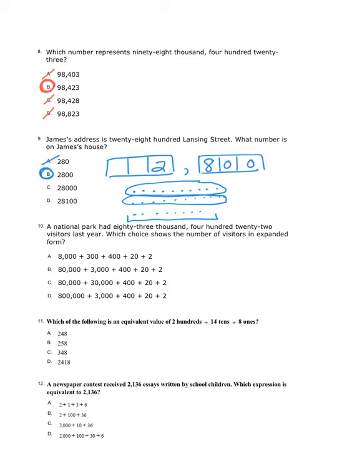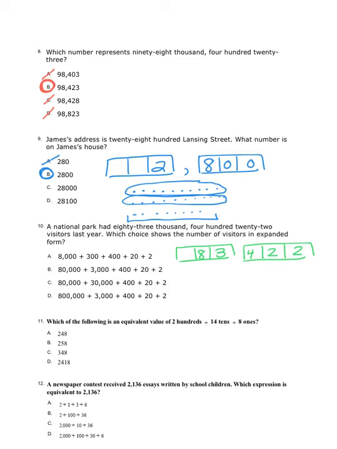Number 10 said a national park had 83,422 visitors last year. Which choice shows the number of visitors in expanded form? So let's use our place value chart. 422 is 4 hundreds, 2 tens, and 2 ones. And 83,000 is 8 10,000s and 3 thousands.